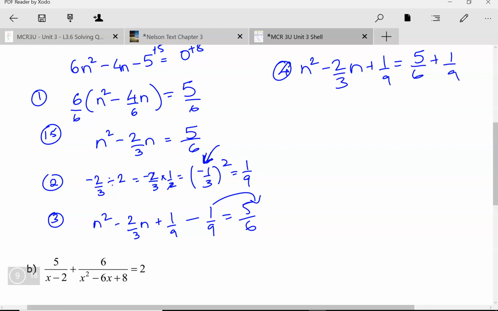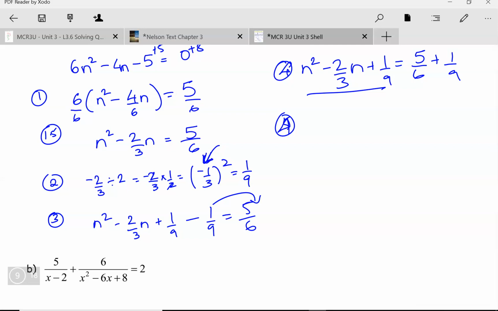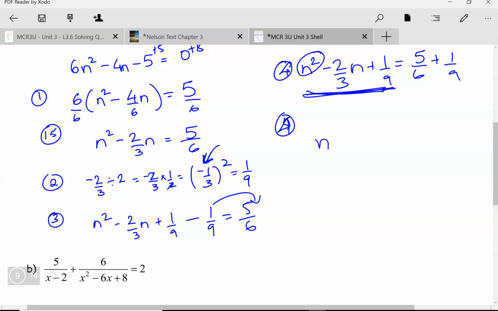1 over 9. And then I'm going to do two things in step 5. I'm still finishing up step 4. And it doesn't really matter what you call step 5 and step 4. The idea is here you have to make this into a perfect square. So the perfect square is obtained by taking the square root of this, so that's n, and taking the square root of this, which is 1 over 3.